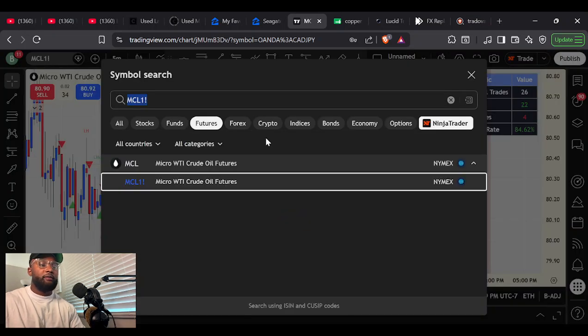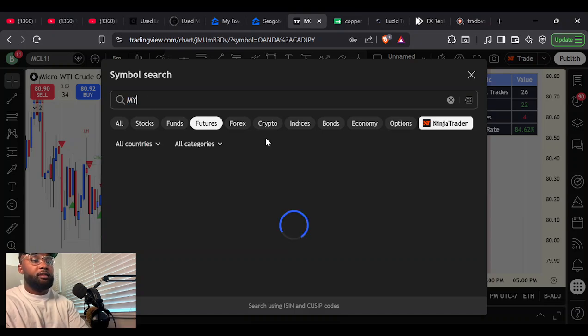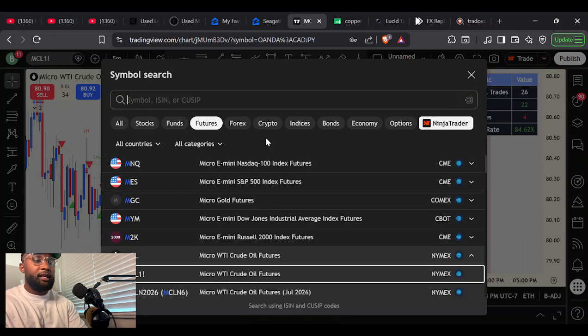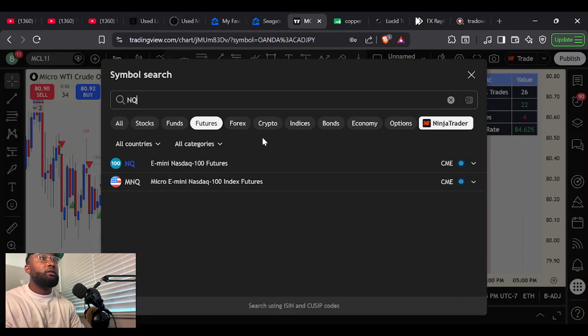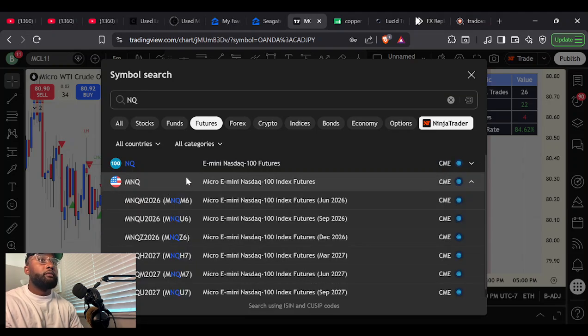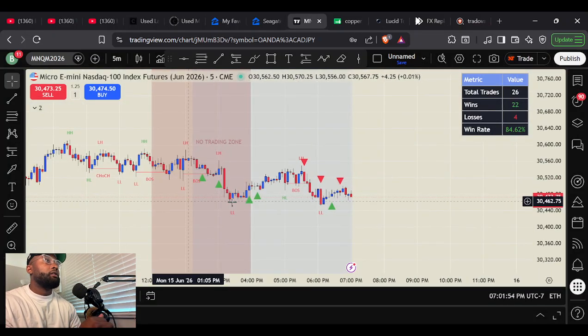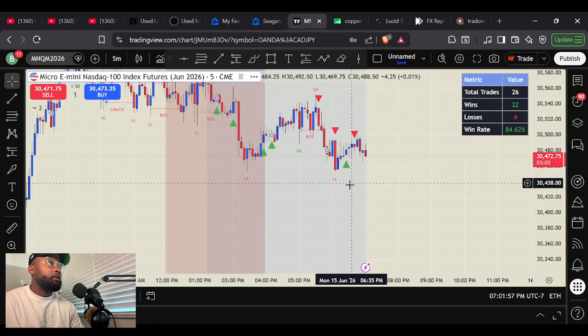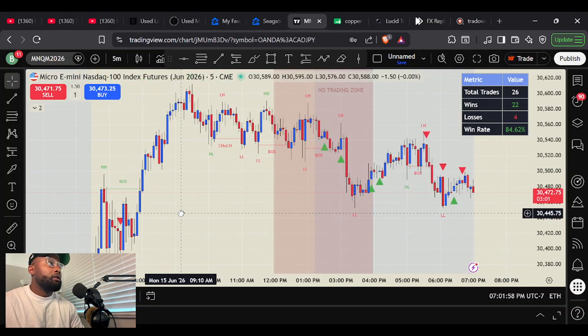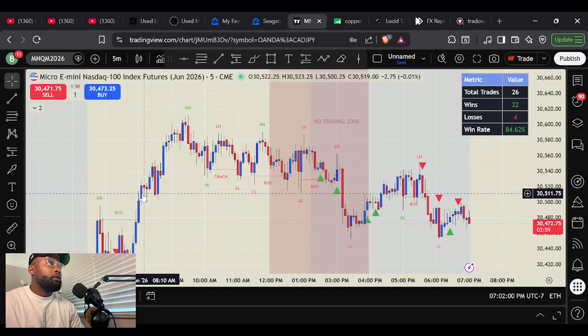Let's do a regular one, let's do NASDAQ. Let's do NQ on futures. Oh, I forgot all the things changed today. Anyways, whatever, it's not important. So let me zoom in right here.